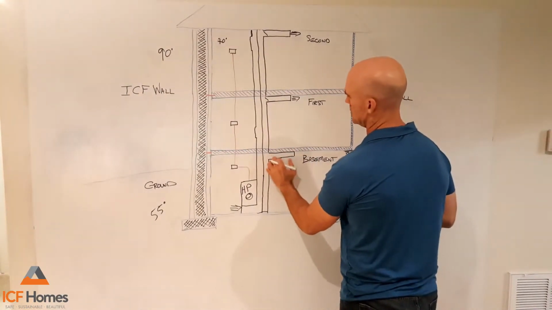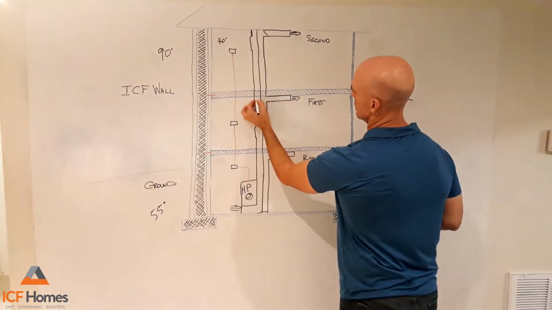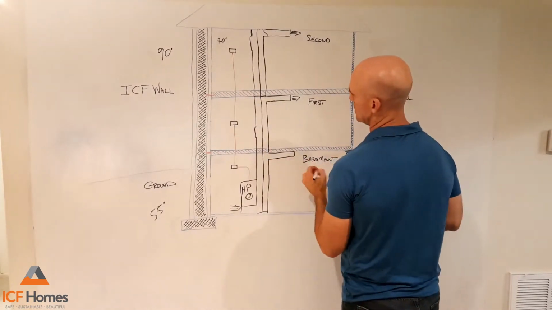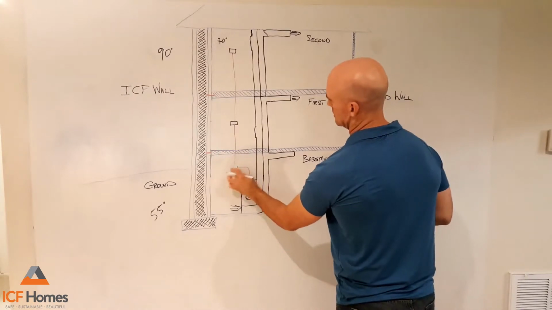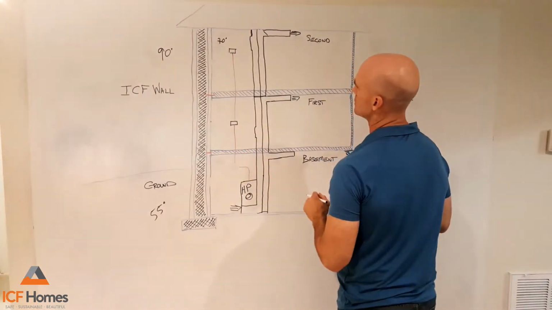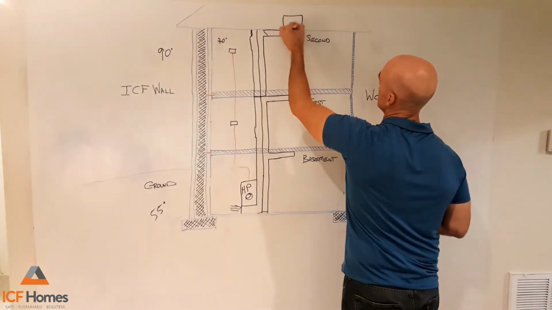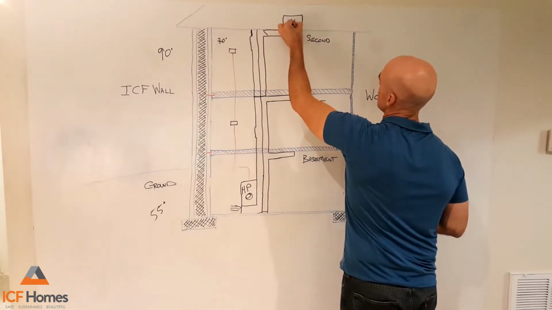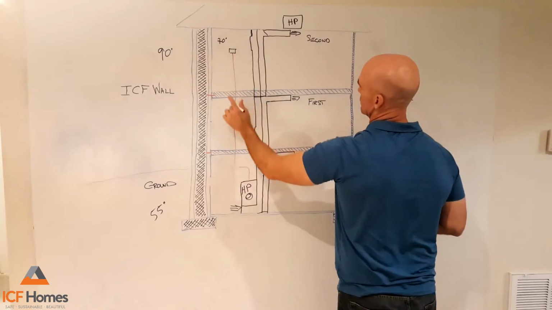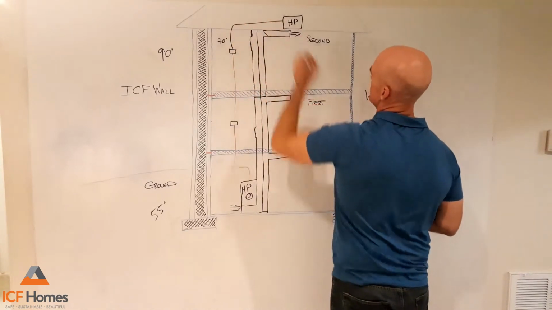There's no damper here, and there's no damper here. The ductwork ends here. You only have one thermostat on the first floor of the house. You have another thermostat on the second floor, but you have your heat pump up in the attic. And this thermostat doesn't go down, and actually the control goes up to the heat pump.